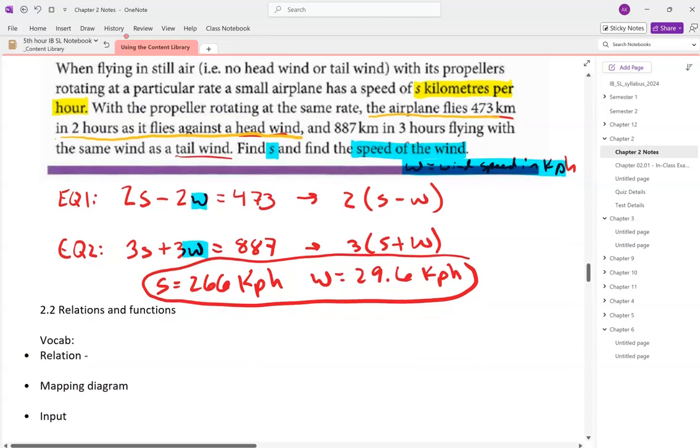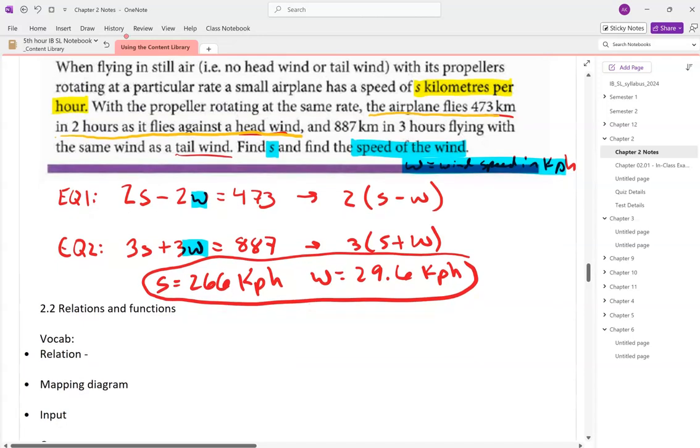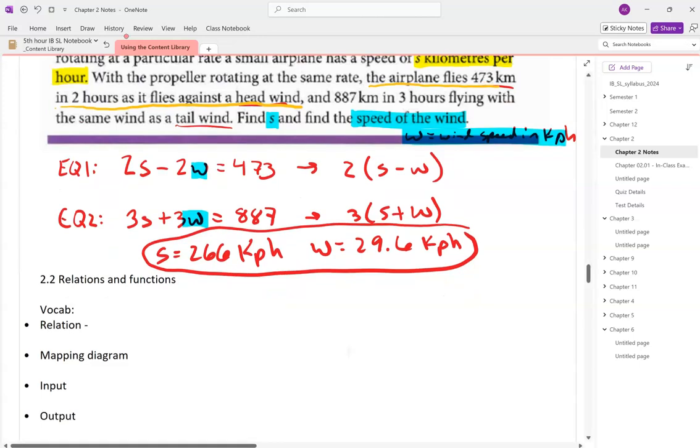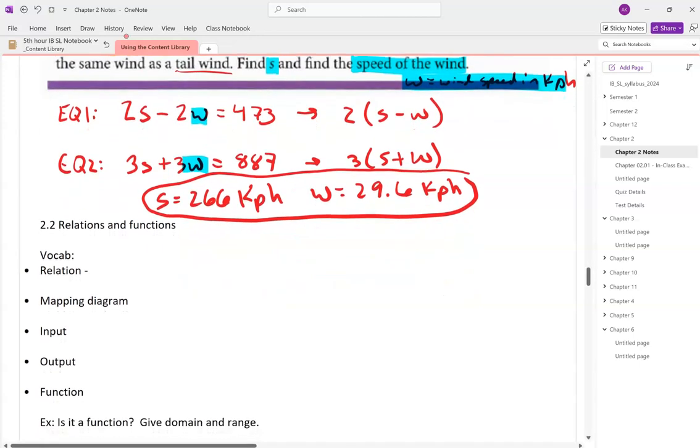Okay. So far, so good. Next up, we're going to talk about relations and functions. So when we talk about a relation, this is just a pairing between two sets.